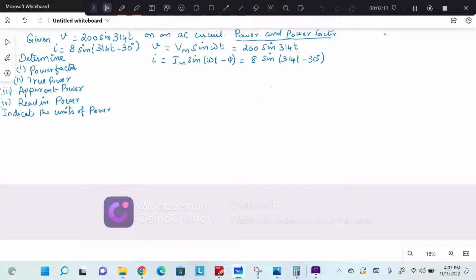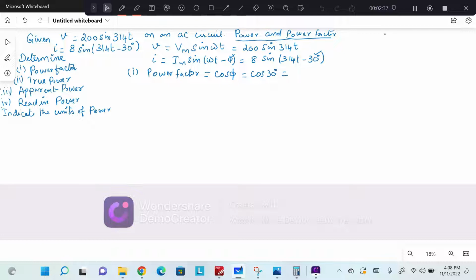So now the first one, that is the power factor. What is the power factor? Power factor is given by the formula cos phi. So phi is given directly in the numerical. So that is cos of 30.